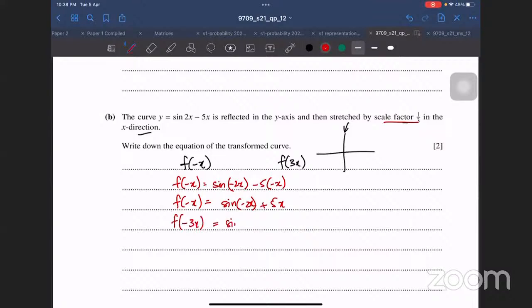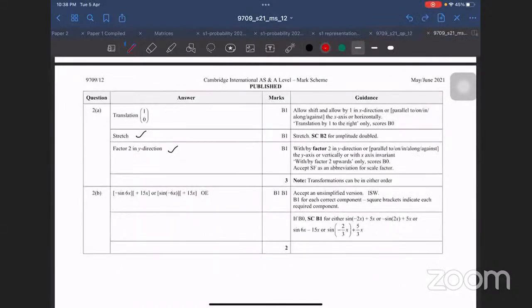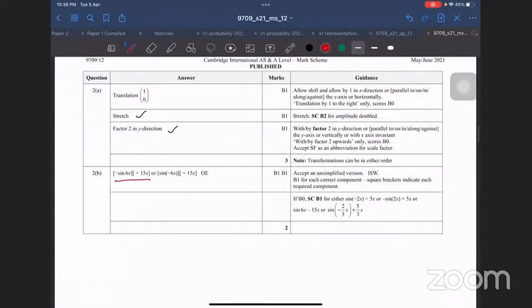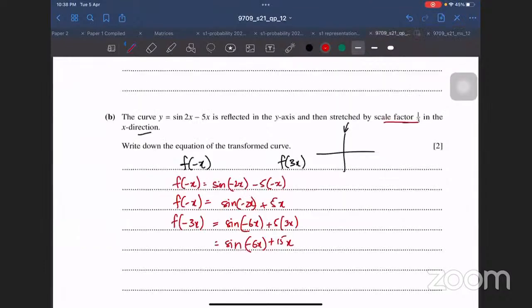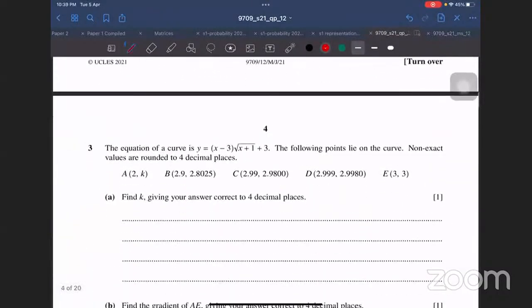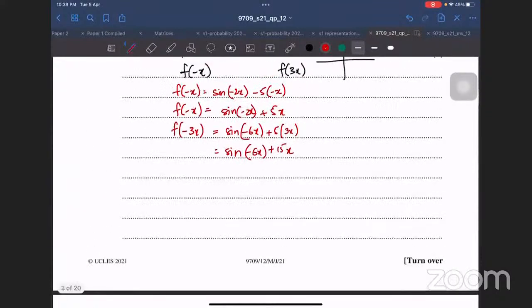So this becomes sine of minus 6x plus 5 into 3x, which gives me 15x. Okay, I hope that's the correct answer. Yes. That's the answer. You could also have written this using a property from trigonometry that applies, but it's not necessary in this case. Okay, that's question number 2.